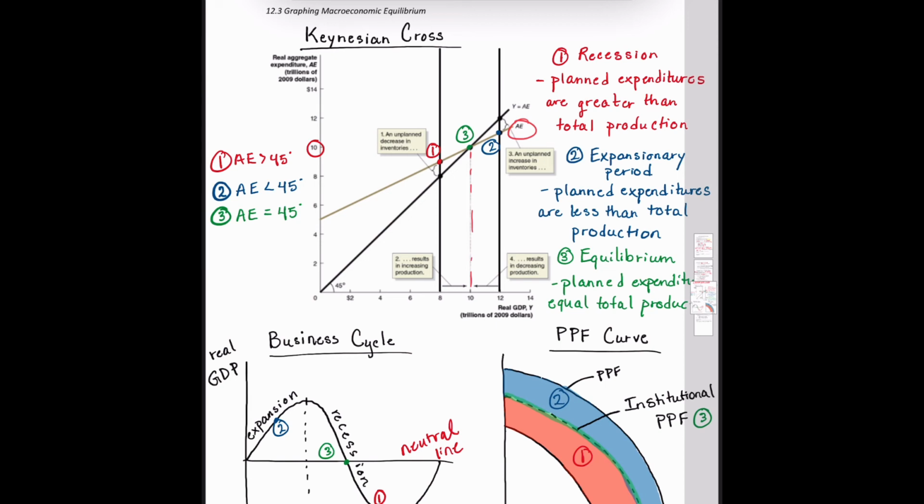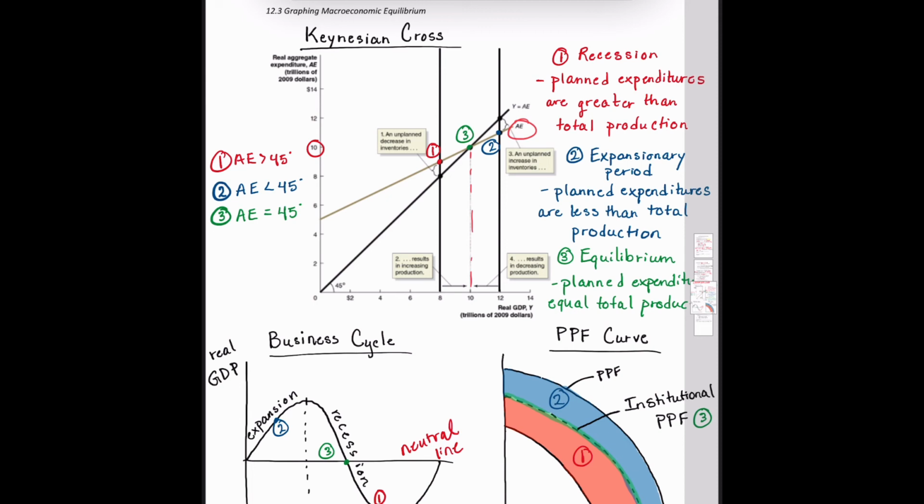I'm not going to be talking too much about the multiplier effect. I just want you to understand that essentially this suggests that real GDP increases by more than a change in autonomous expenditures. The change in real GDP divided by the change in autonomous expenditures is the multiplier.